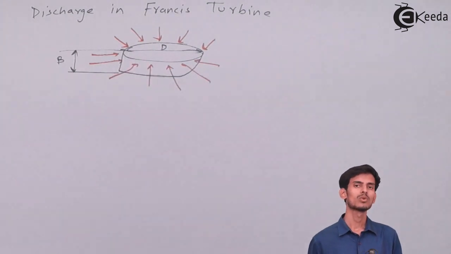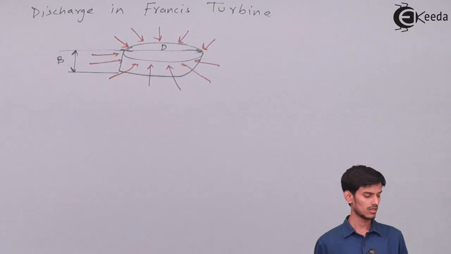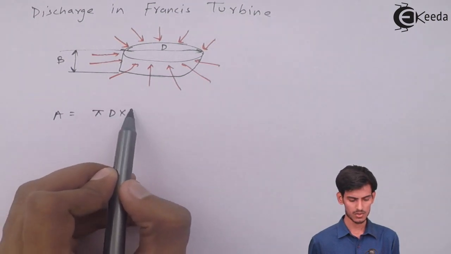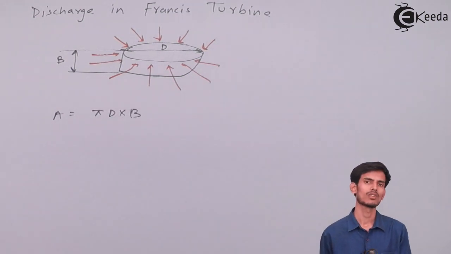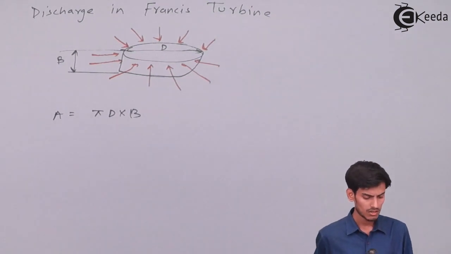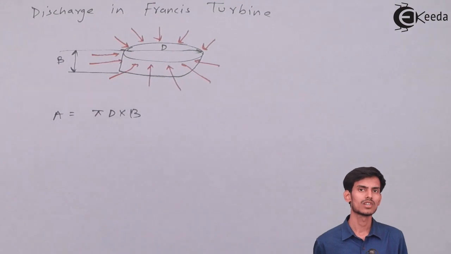So the area through which the water gets in is nothing but circumference times the width. So pi d into b gives you the area through which the water gets in. Once you know the area and you know the velocity of the jet, you can get the discharge by multiplying it.